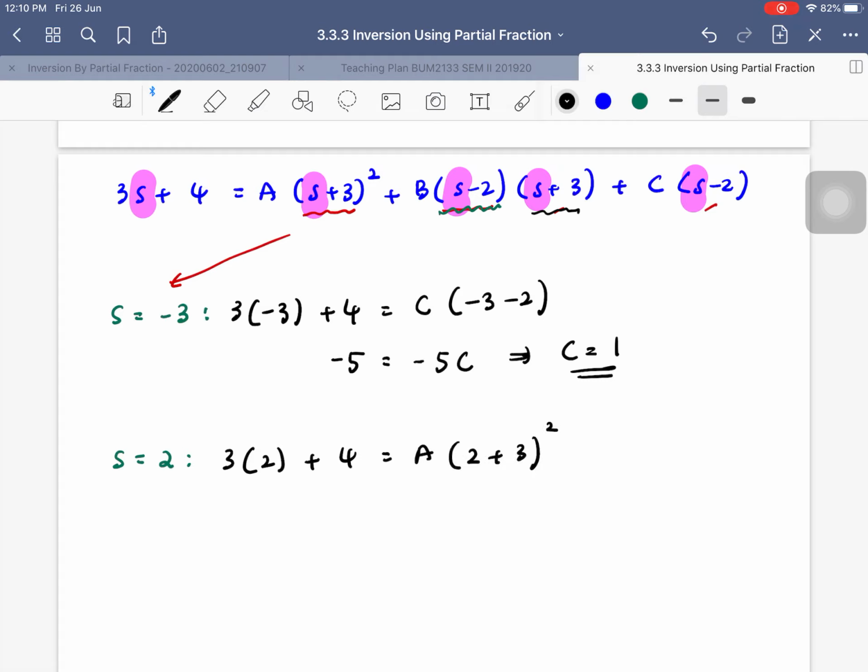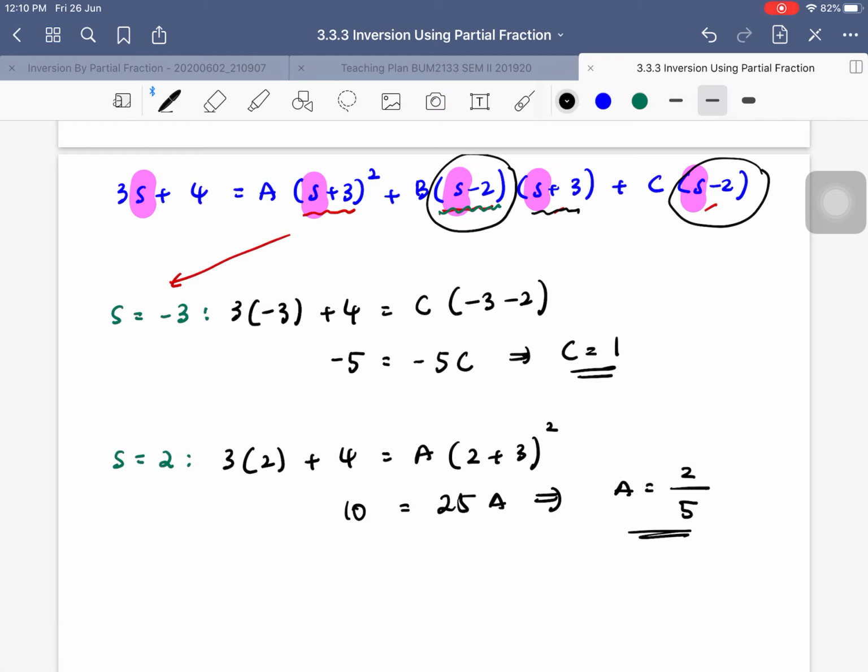The middle term is going to be 0, and the last term is going to be 0 as well. So when I simplify, I'll get 10 on this side equal to 25 of a, so that's 5 squared. My a value is going to equal 10 over 25, which is basically 2 over 5. So that is going to be the second constant value.